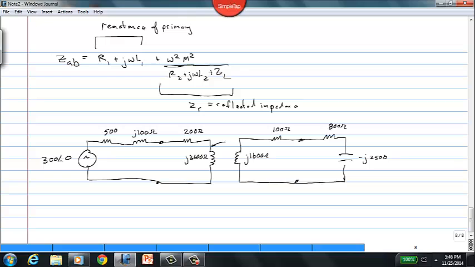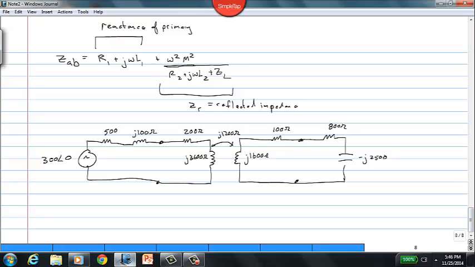Additionally, there's 1200 ohms of mutual inductance at the frequency of operation in this circuit. So the first thing that we want to do is calculate the self-impedance of the primary circuit.